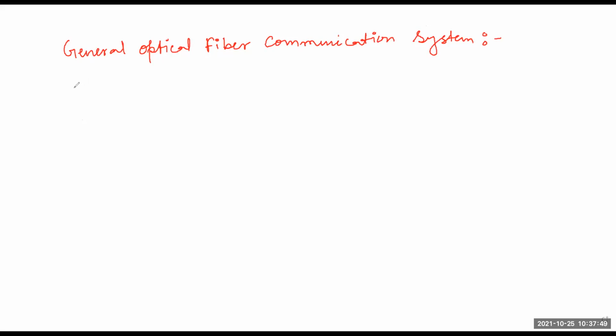Here I am drawing basically two block diagrams. The first one is the normal communication system, and the second one is the optical fiber communication system. Just give me a few seconds or one or two minutes to draw the block diagram. First I am drawing the normal communication system. This is the information source. Next is the transmitter.